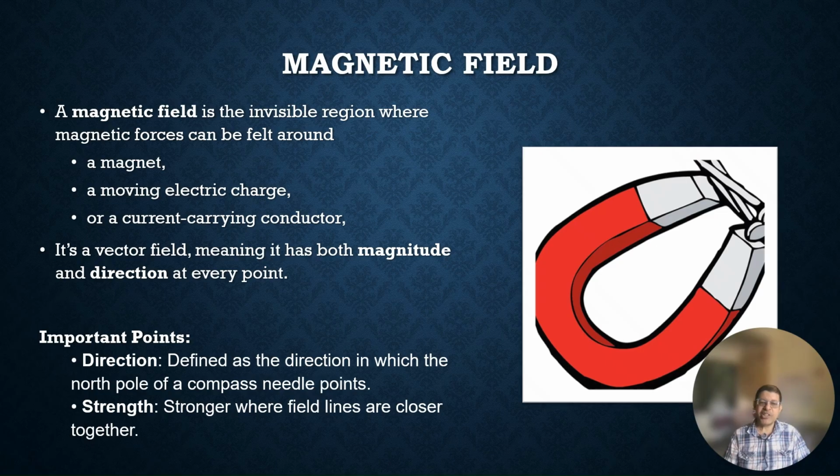And what about the strength? There are so many magnetic field lines. The closer they are, the more dense they are, and hence the magnetic field is stronger. The farther they are, one field line is here, one field line is here, the less dense they are. And because they're less dense, they are weaker, right?